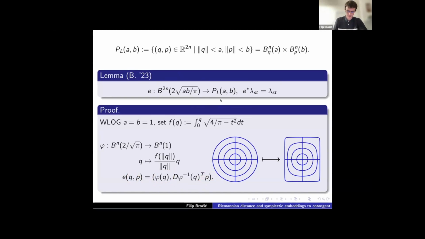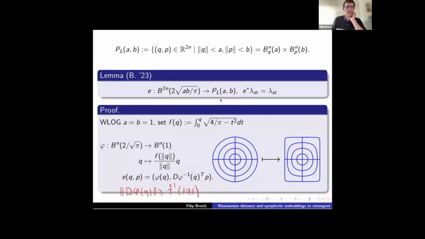Again, from the properties of this function, one can show that if we restrict this embedding to the ball of radius 2 over square root of pi, the image is really contained inside of the Lagrangian product disk. This follows from the fact that the norm of the differential of phi is bounded from below by f prime of q.